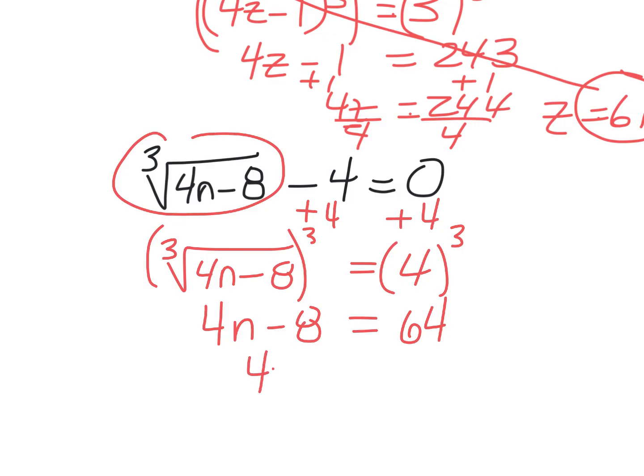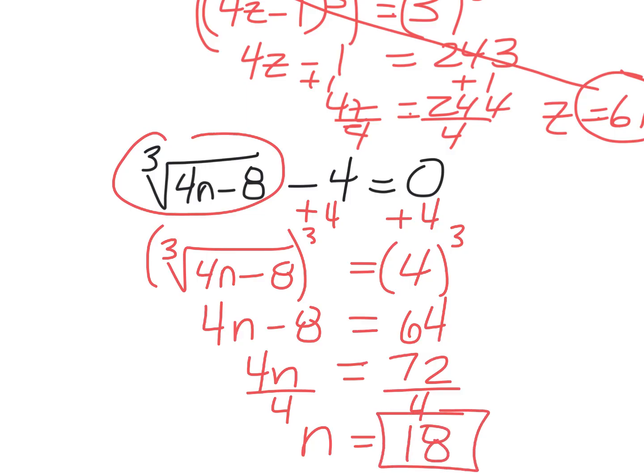I'm going to add the 8, which would give me 72. And then I'm going to divide by 4. 4 goes in there evenly 18 times. Will 18 check? 4 times 18, 72. 72 minus 8 is 64. The cube root of 64 is 4. And 4 minus 4 is 0. So that does check.